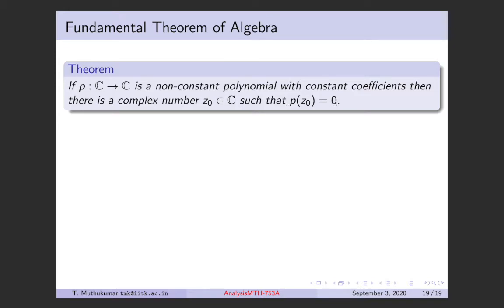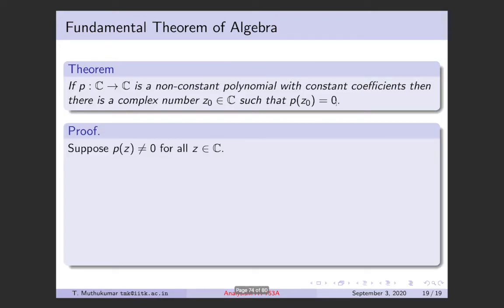So we are going to prove this by contradiction. Let's assume that p is not 0 for any complex number. Suppose p(z) is not equal to 0 for all complex numbers. So there is no z0 such that this happens. Let's start with that assumption. If p(z) is not 0 for all z, then I can talk of its reciprocal. So I can define this new function q, which is 1 over p(z).